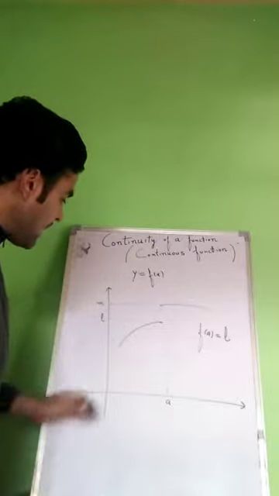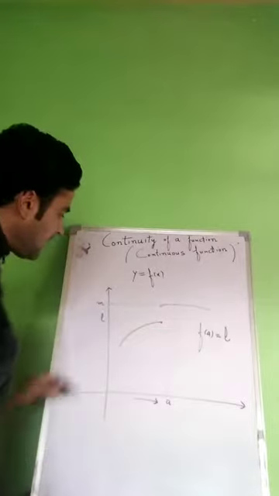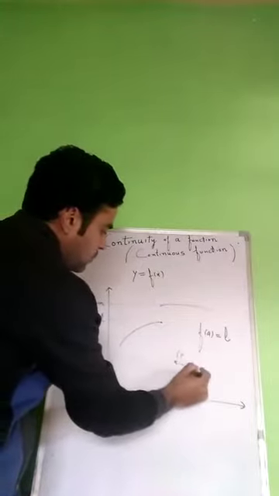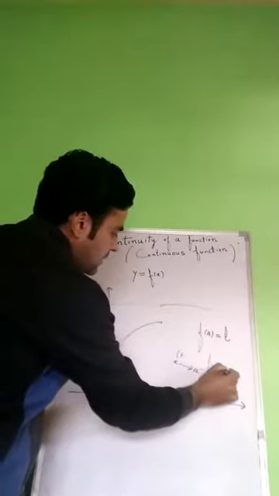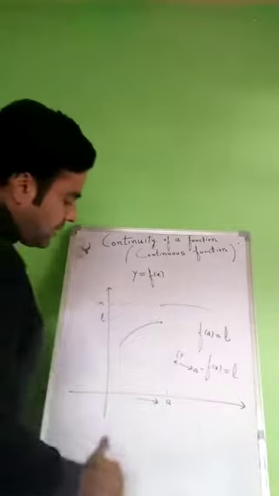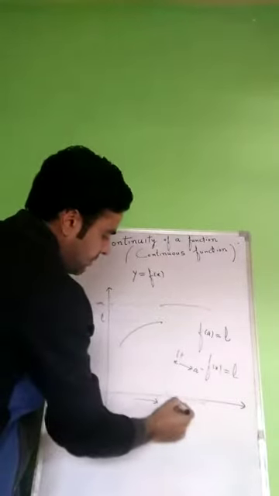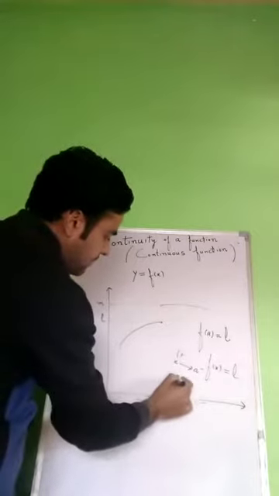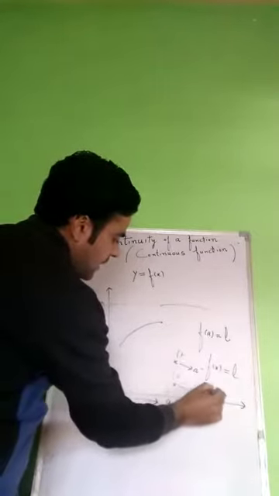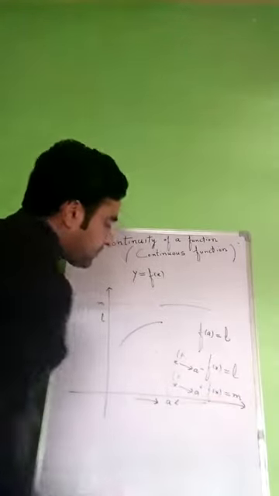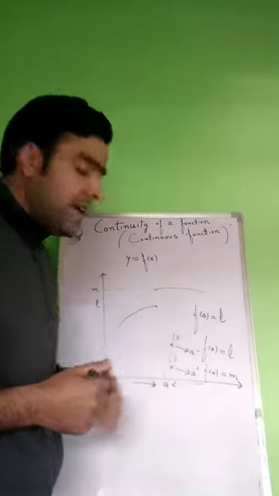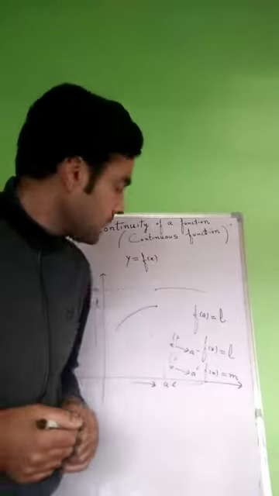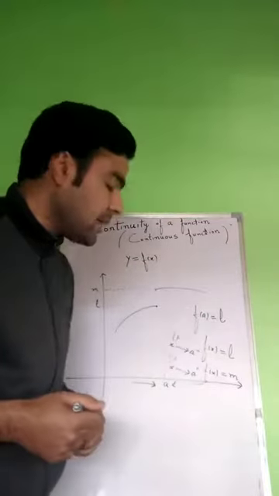Also, as we approach A from left, f(x) approaches this height L. So we can write limit x approaches A minus f(x) is equal to L. And when we approach A from right, f(x) approaches the height M, that is limit x tends to A plus f(x) is equal to M. Now this shows that the limiting value of the function at point A does not exist, as left hand limit is not equal to the right hand limit.